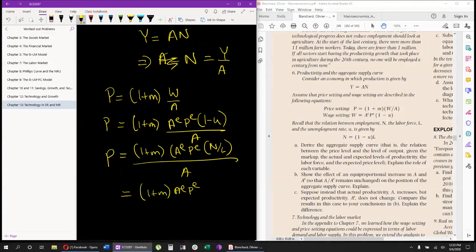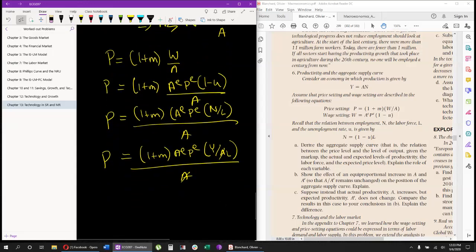N is Y by A, and we have L, A, which is P. Now A and A cancels out, and what we are left with, hopefully I have this correctly, 1 plus M, or actually I'm not going to cancel this out.